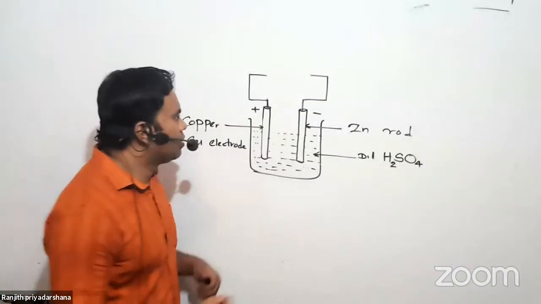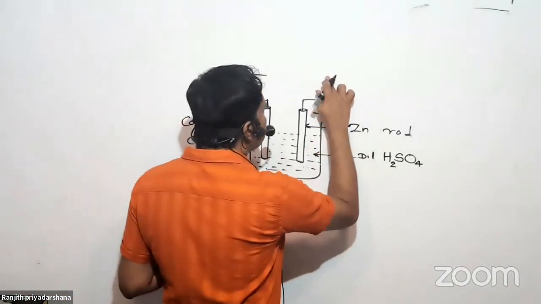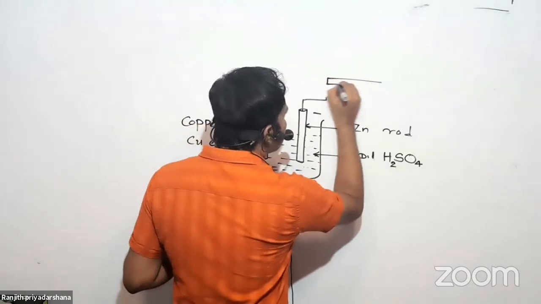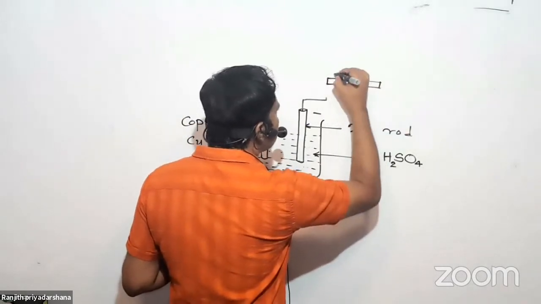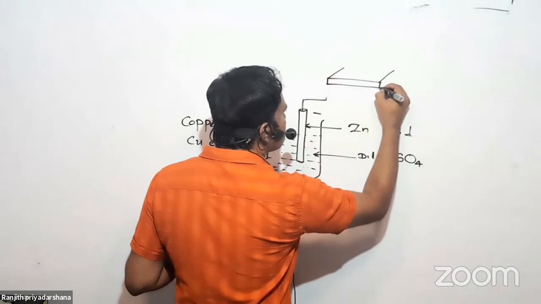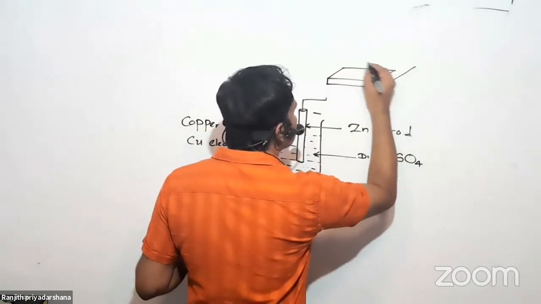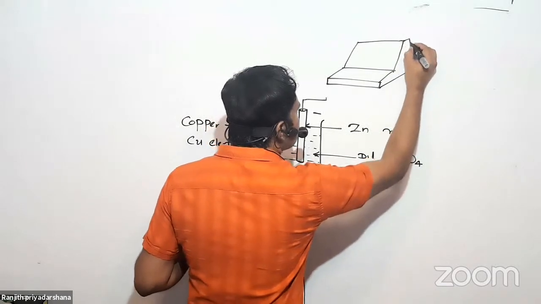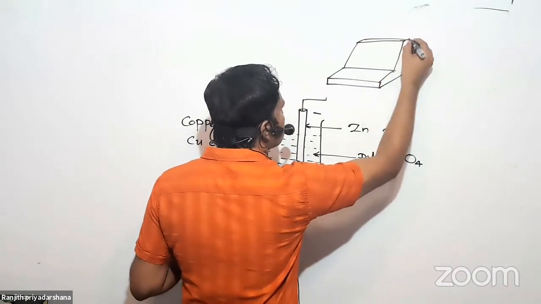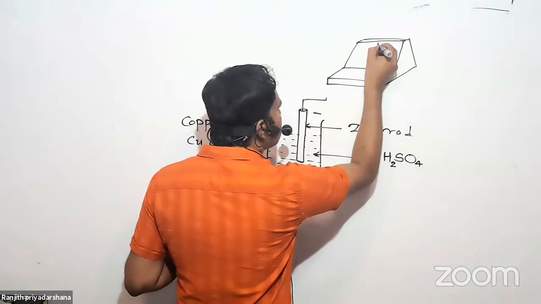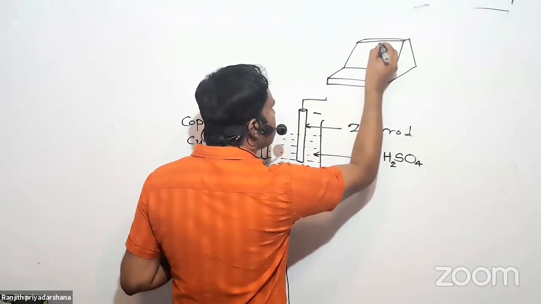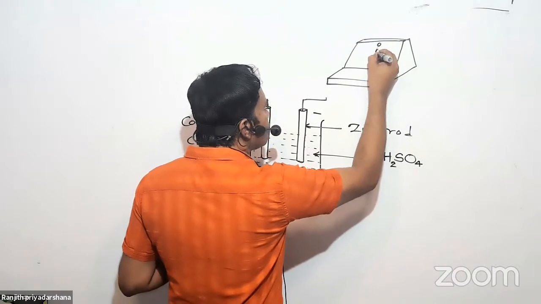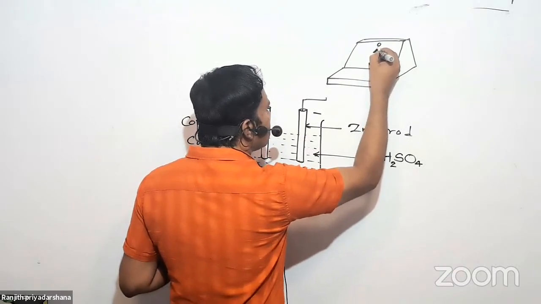Look at this. A center zero galvanometer is like this. Very easy to draw. Its scale has 0 at the center. The indicator is also at the 0th level.